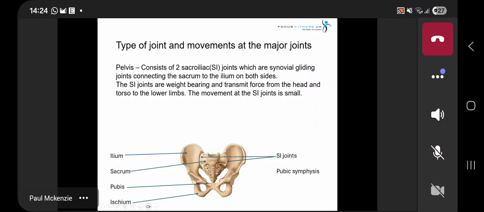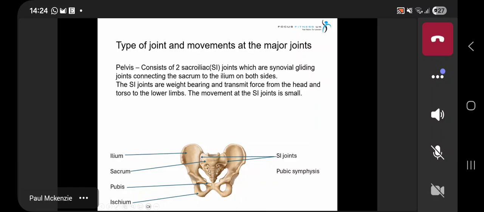So you can see them labeled here. Okay, sacroiliac joints. And they are gliding joints between the ilium, the big wing-shaped bone here, and the sacrum. The SI joints, they are weight-bearing joints, so they transfer a lot of weight from the upper body through to the legs. Okay, so very, very important, strong joints here.